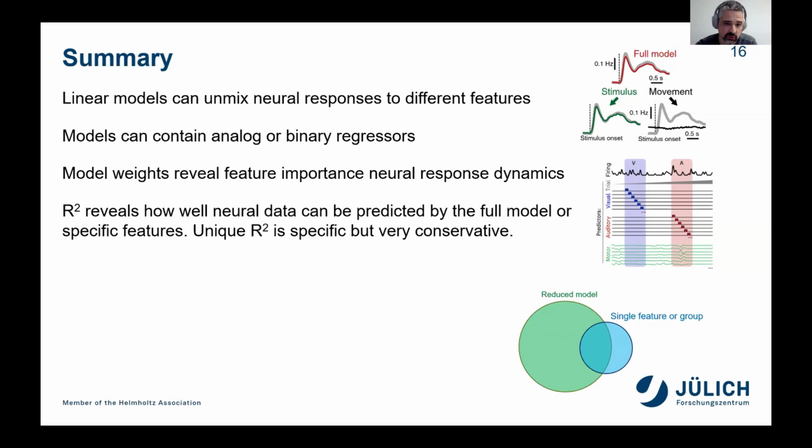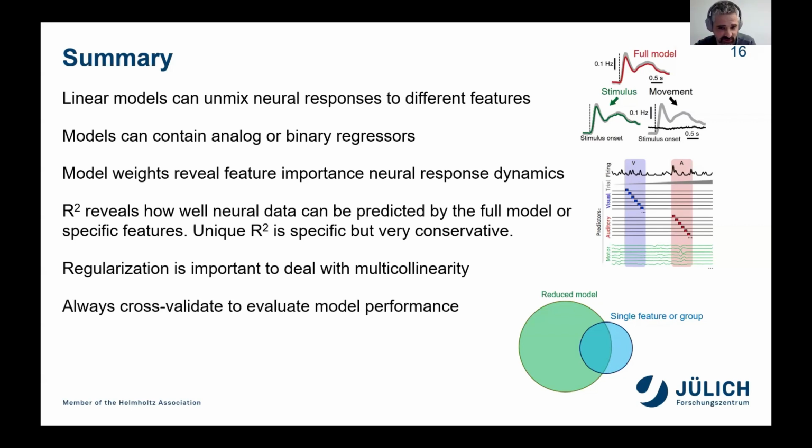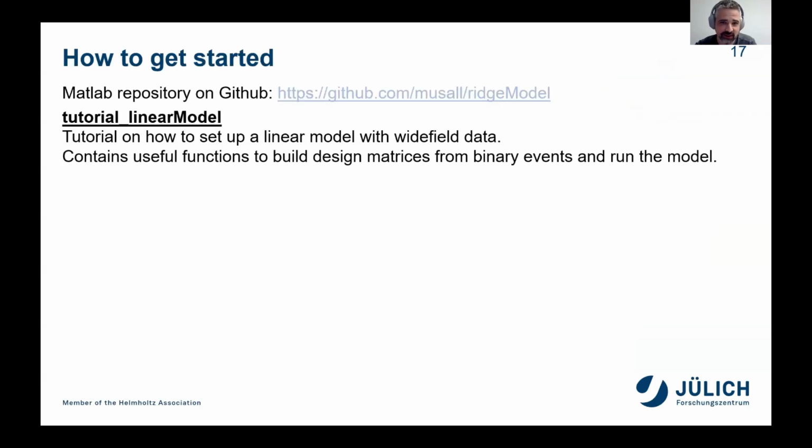It's important to know that unique explained variance is very conservative, because anything in the model that could account for explained variance, you will not see. You really only get the information that is truly unique to a given regressor. Regularization is important, cross-validation is very important, and yes, that's what I wanted to say.